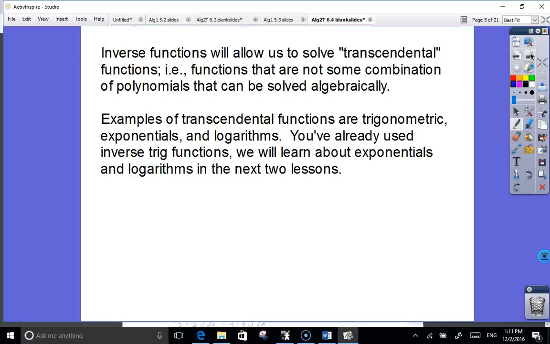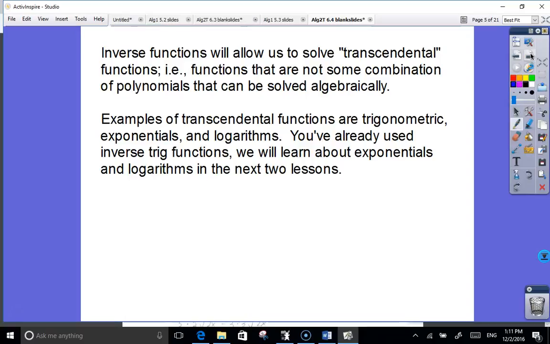So inverse functions allow us to solve what are called transcendental functions. These are functions that are not just some combination of polynomials, where the variable can be isolated by doing operations to both sides, or maybe they could be factored, and then you could take each factor and set it equal to 0, right?